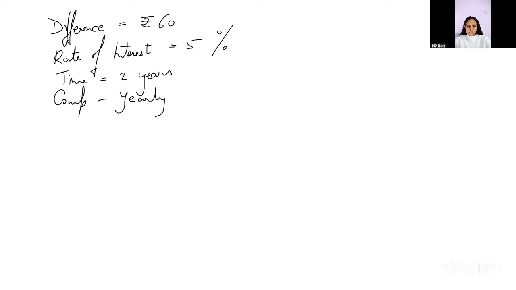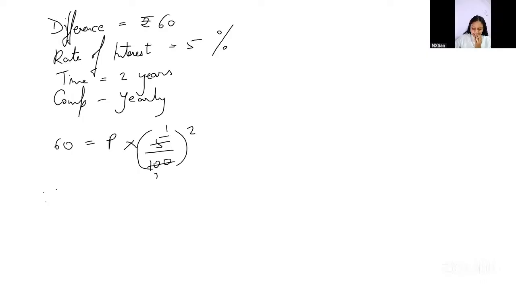Ma'am, 24,000. Okay, let's check. So the formula is difference is equals to principal into 5 upon 100 raised to the power 2.